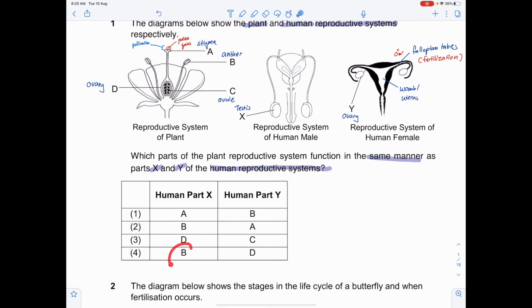So in this case, we can say that part X is actually B. So by elimination method, I know that A and D are wrong, so we go ahead and eliminate these two. Then we look at part Y. Part Y is actually our ovary, and as we have already identified over here, D is actually the ovary. So therefore, the answer would be number 4.